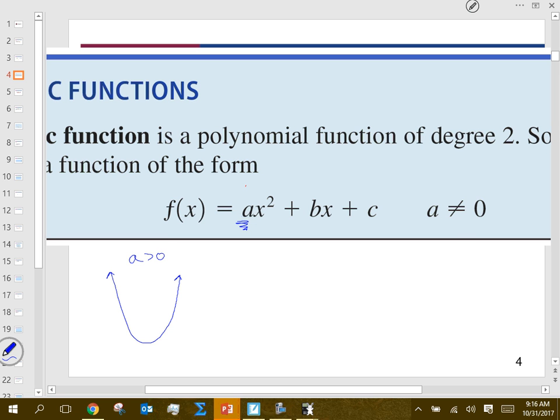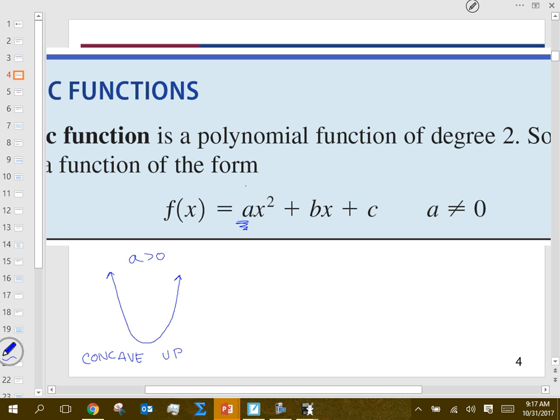Do you guys remember from Algebra 2 what that orientation is called for a parabola? Starts with a C. Ever remember hearing this phrase? Concave up. Okay, it's a huge term that we need to know.